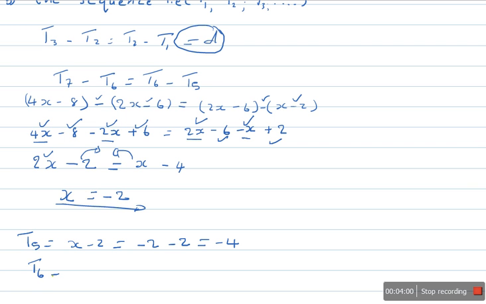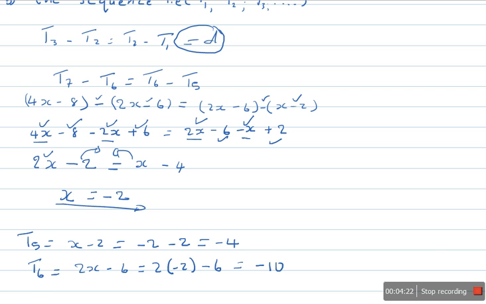U-T6 wona uzoba kuthiwe it's 2x minus 6, which will be 2 into negative 2, i-value ka-x, le minus 6, so it's going to be negative 10, right?